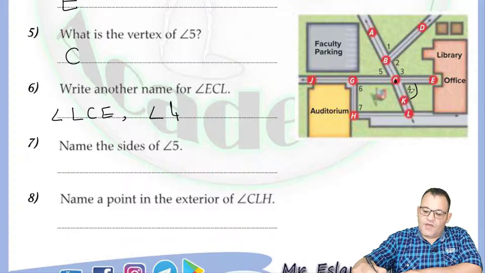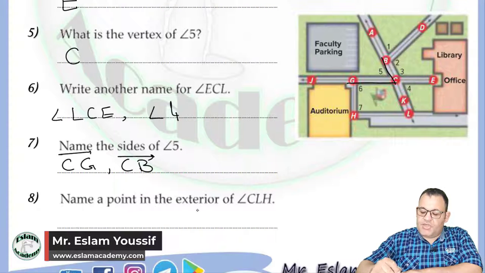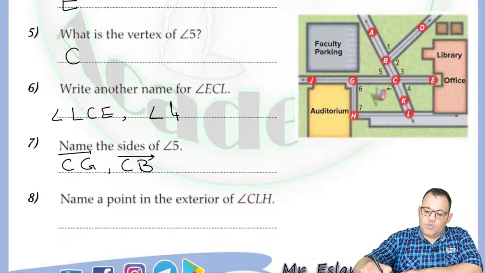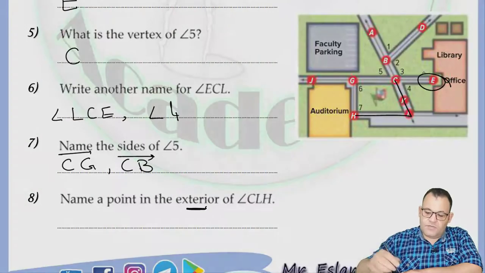We need the sides of angle number 5. Angle number 5 has sides CG and CB. So it will be CG, you have to start from the vertex, and CB. Name a point in the exterior of angle CLH. We need CLH. That's CLH. I need an exterior point. It means not inside the two sides, outside, which is E.